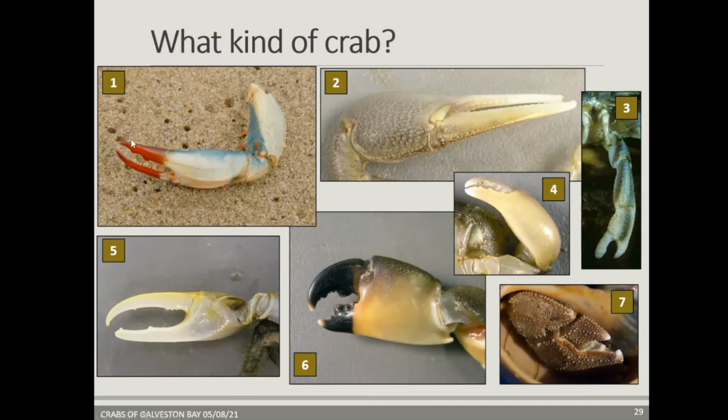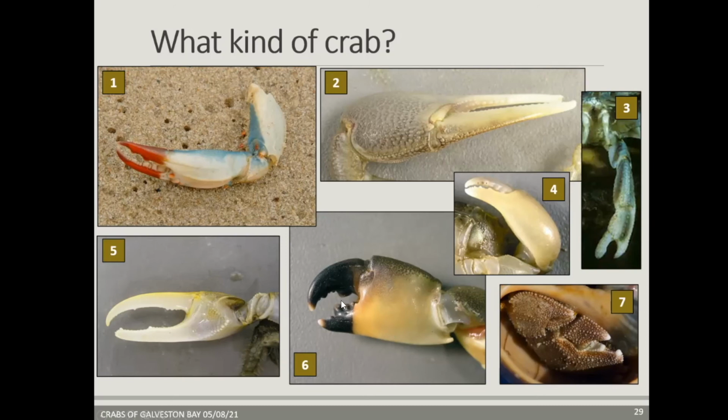These are not scaled to size. Maybe that's not fair. This is an easy one. Is it a fiddler crab? No. This one's Fiddler.